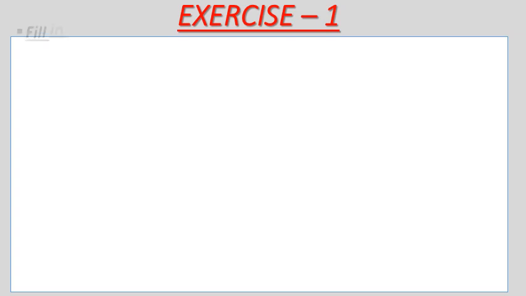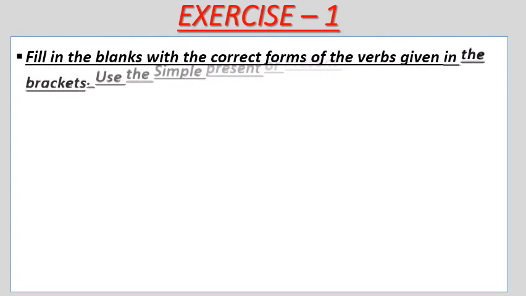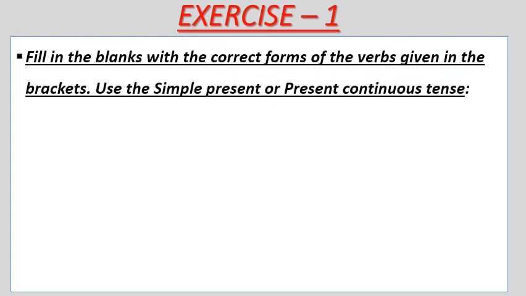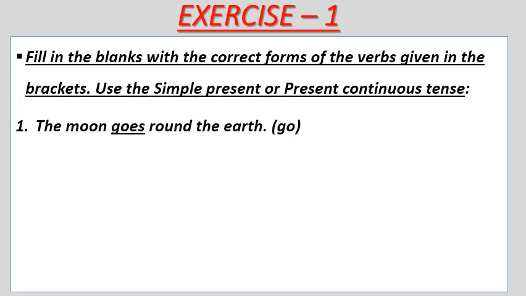Let's discuss the exercises in detail. Exercise number 1. Fill in the blanks with the correct forms of the verbs given in the brackets. Use the simple present or present continuous tense. Number 1. The moon dash round the earth. The answer is goes. The form of the verb goes refers to the present simple tense and shows universal truth.